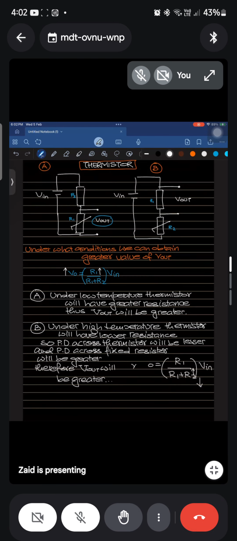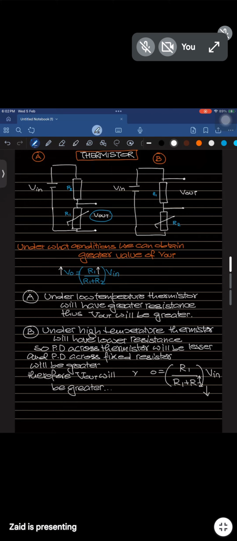Just look here. Your potential divider can be connected in two ways. Number one, it's connected across the thermistor, which is case A, or it can be connected not to the thermistor but to the fixed resistor, that's case B. In both scenarios, we can be asked, it's a 3-mark question, under what conditions you're going to have a maximum output voltage.